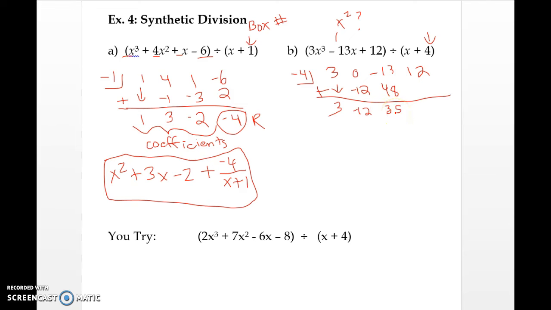Then we can multiply that number times our box number, and we get -140. And 12 plus -140 is -128. This is your remainder. These are your coefficients. So I can say 3x squared minus 12x plus 35 with a remainder of -128 over what you divided by, x plus 4.